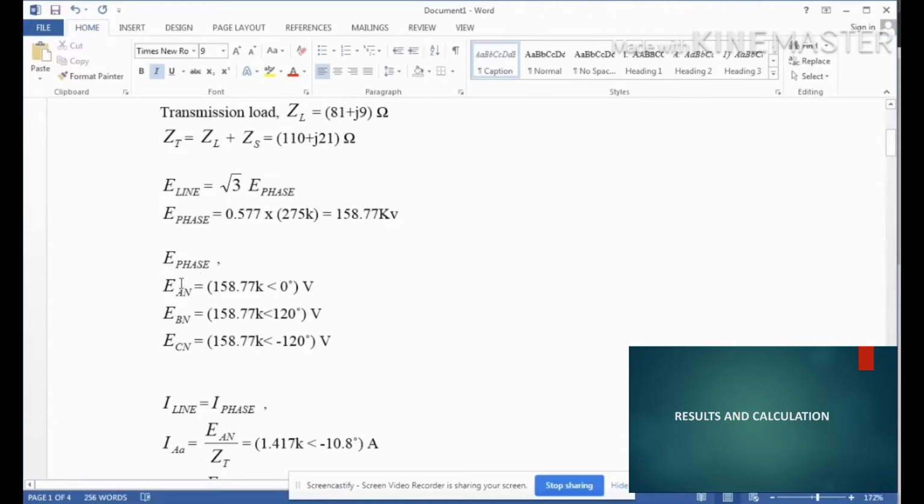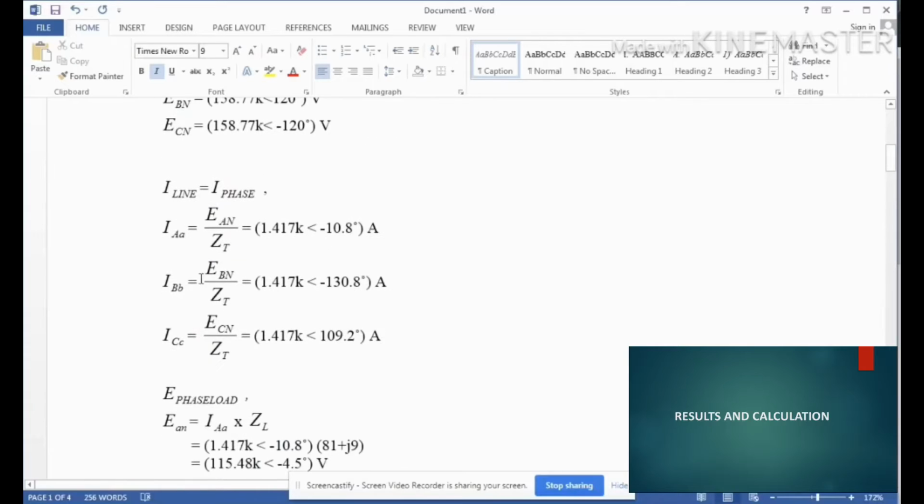For phase voltage, the value of EAN equals 158.77 kV with 0 degree, EBN equals 158.77 kV with 120 degree, and ECN is equal to 158.77 kV with negative 120 degree. Since the sequence is positive, the degree for EAN is 0, degree for EBN is 120, and degree for ECN is negative 120.